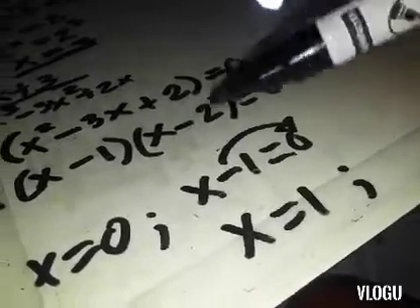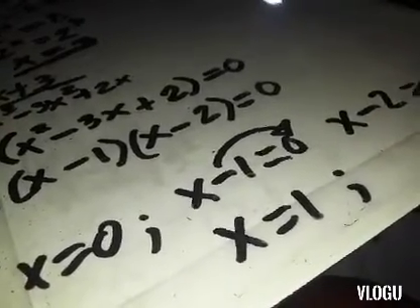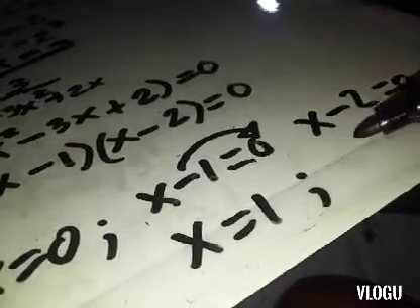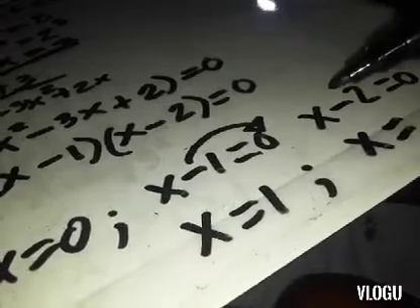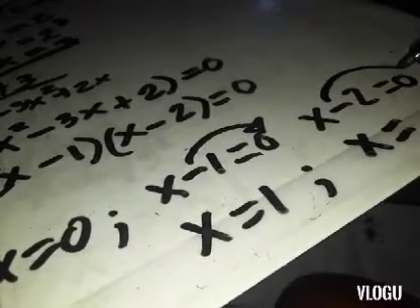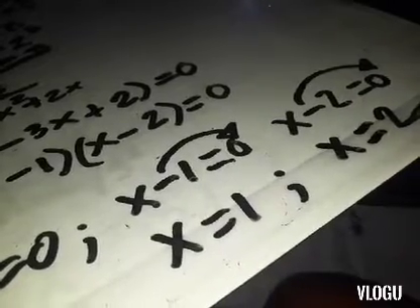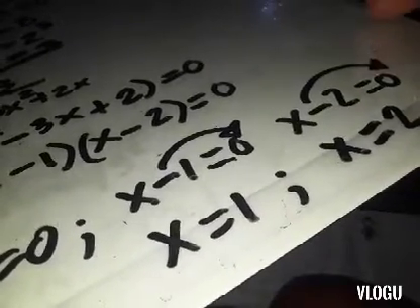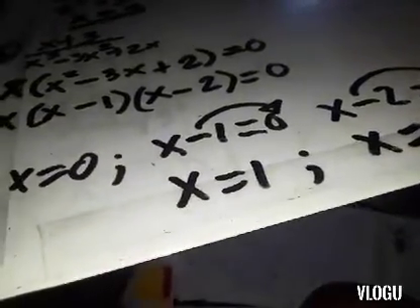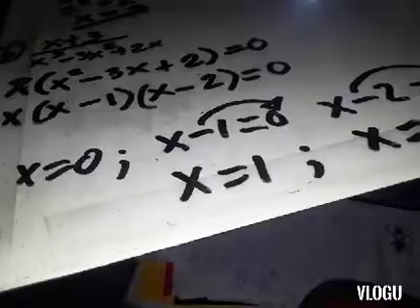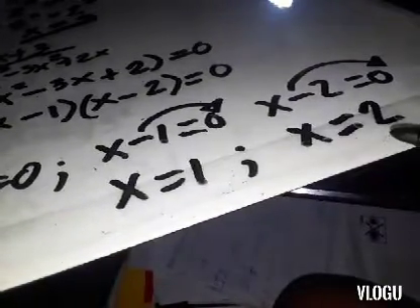And x minus 2. x minus 2 is equal to 0. Then, isolate x. So, x is equal to transpose negative 2 over equal sign. Magiging positive 2. Therefore, the values of x for which the function is discontinuous or undefined are 0, 1, and 2.